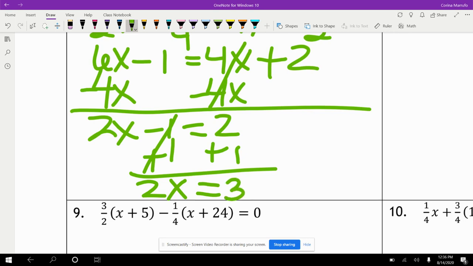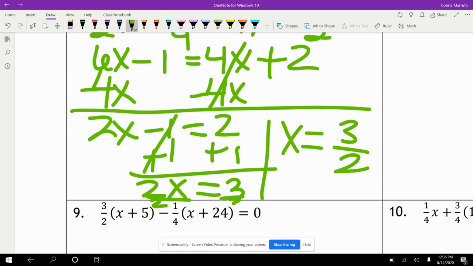And then our last step to solve for x is going to be to divide both sides by 2. So I kind of ran out of space, but we're going to get x equals 3 divided by 2, because we're going to divide both sides by 2. Okay, so that would be your solution.